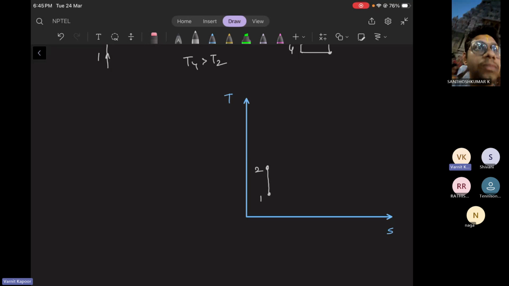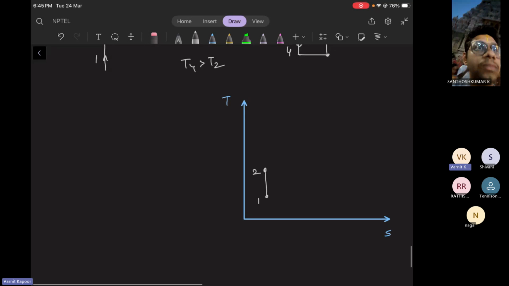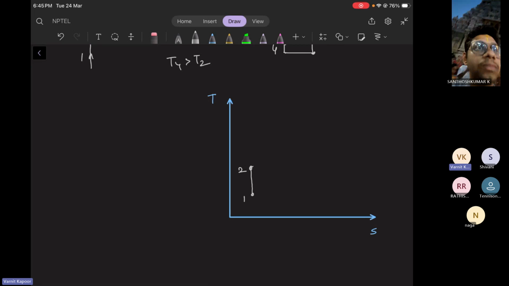Then from 2 to point A, the temperature will rise through the heat exchanger, the regenerator, that is A. And from A to 3, the temperature will rise further because of the combustion chamber, that is 3. Then it will pass through the turbine to produce the work. Let us say it reaches the temperature B somewhere. I should not make it here, otherwise my diagram will be much bigger. Let me directly make this a point.